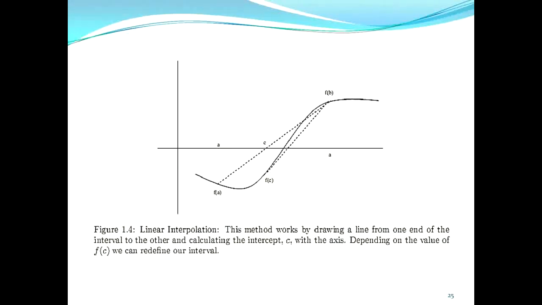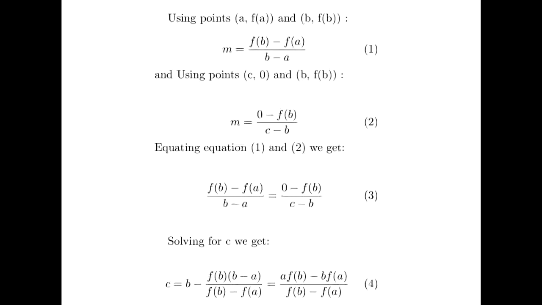That derives the method of false position, but here it is the slope of A and B, and the slope of AB is f of B minus f of A divided by B minus A. And if I use the line segment CB, then using the points C, 0 and B, f of B, this makes the slope m equal to 0 minus f of B divided by C minus B. So eliminating m from equations 1 and 2, that makes f of B minus f of A divided by B minus A equal to 0 minus f of B divided by C minus B. So solving for C, that is exactly derived.